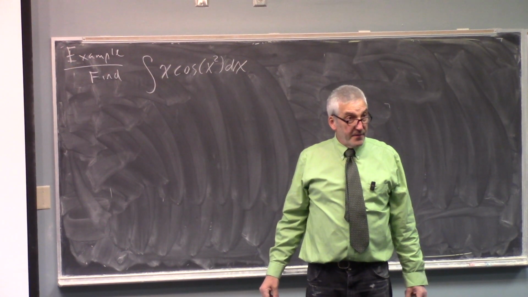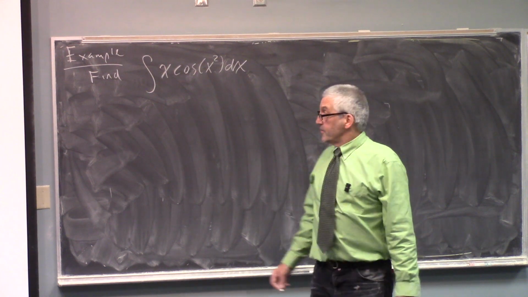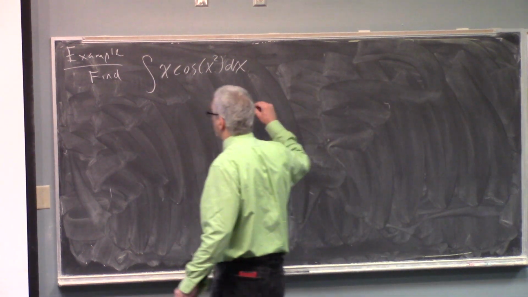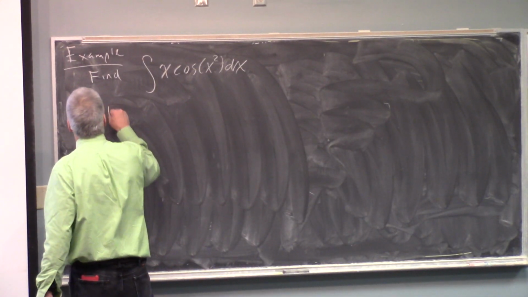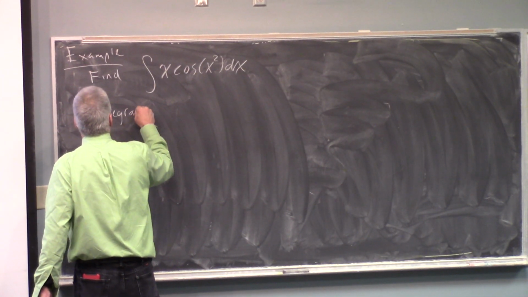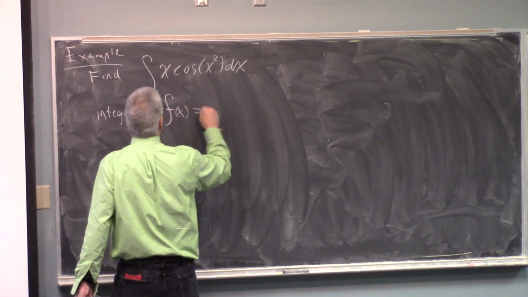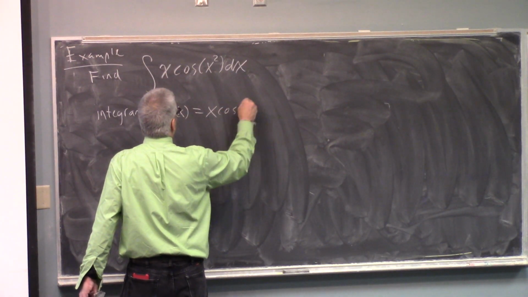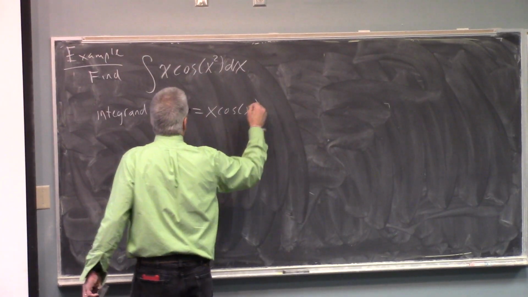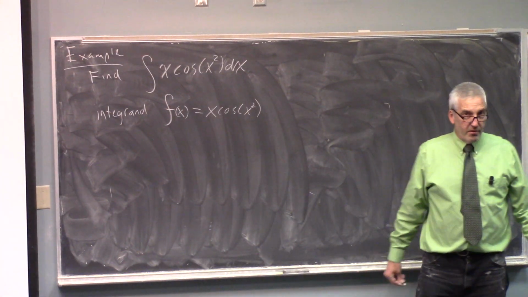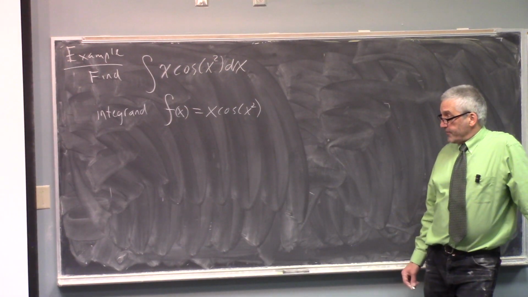In other words, find the general antiderivative. Notice that the integrand, the thing inside, which we often give the symbol little f of x, is x cos x squared. It's not a pure nested function, but it has a nested component to it. It has a function inside of another function.